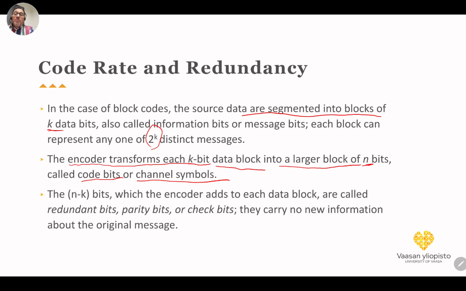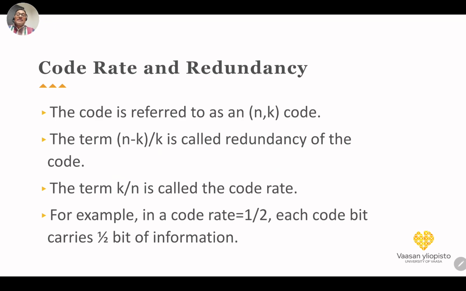n minus k, the difference, is the redundant bits, or parity bits, or check bits. The code in this case is usually referred to as (n, k). For example, if you have a code with the total number of bits equal to 8, and the number of information bits is 3, then this code is called (8, 3).